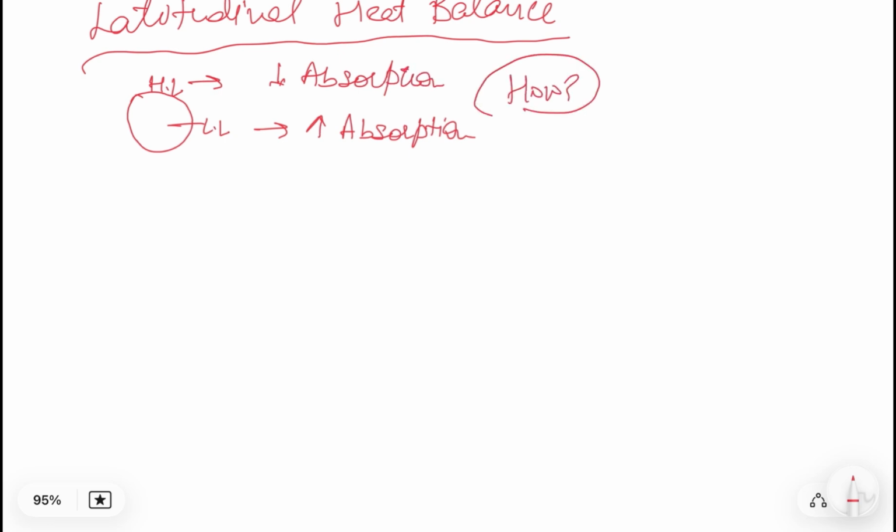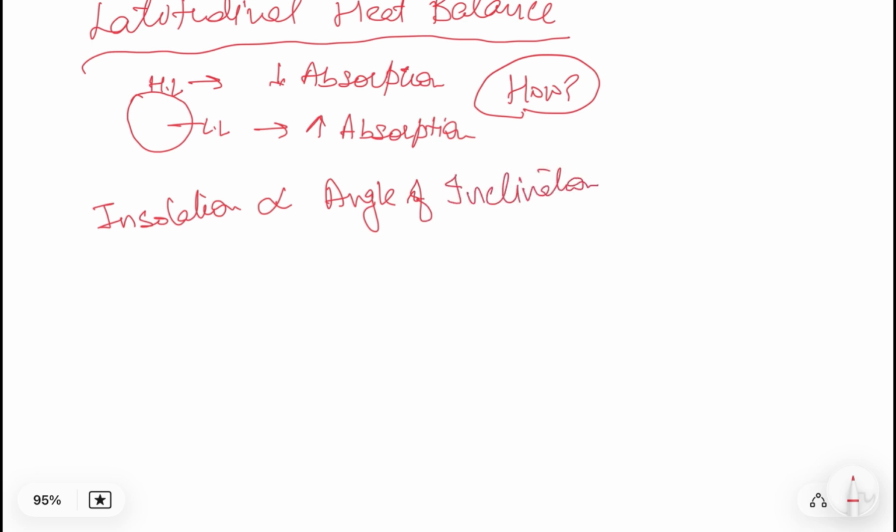Now the question is how. We have studied that the insolation is directly proportional to the angle of inclination. The more the angle of inclination, that is 90 degrees, the more insolation, and the slanting rays have less insolation because they get distributed over the whole area.